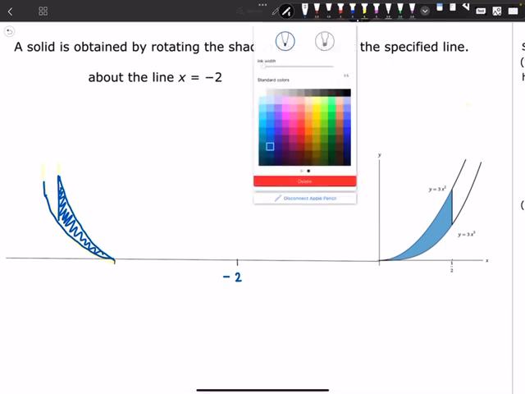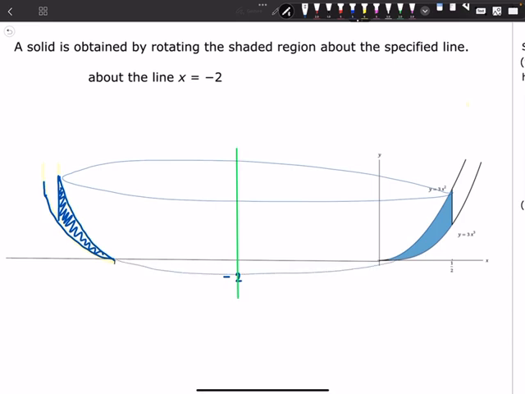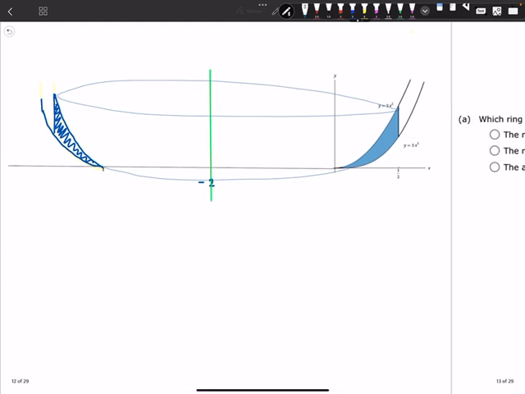Let me try and see if I can draw this in a way that's going to make it look like it has been rotated. Let's quickly draw the axis of rotation here. So there's that, and all right, so that's more or less what that region is going to look like.